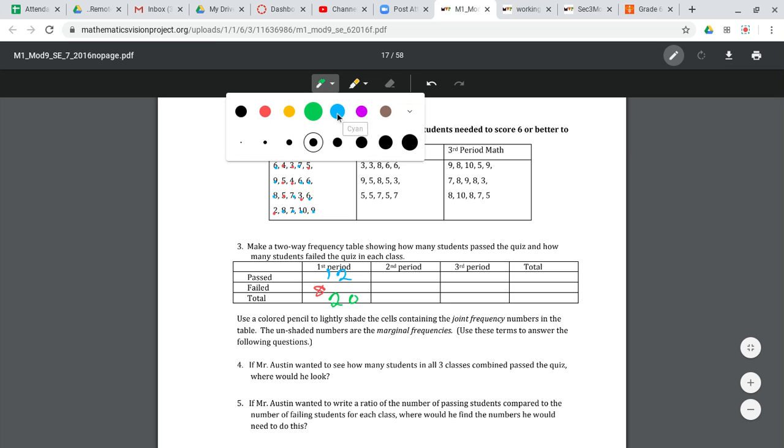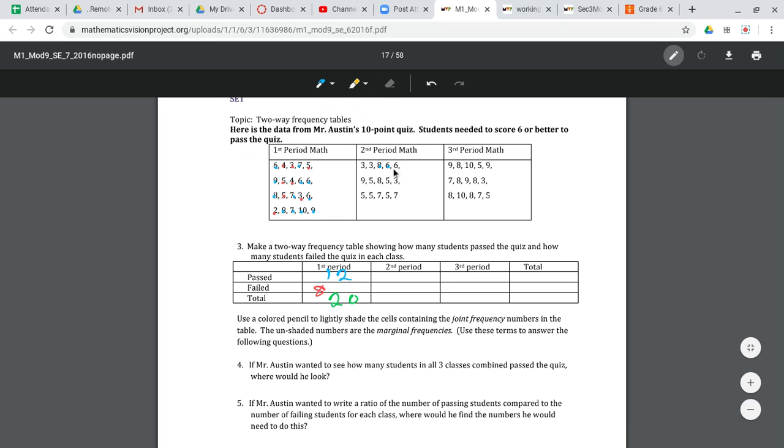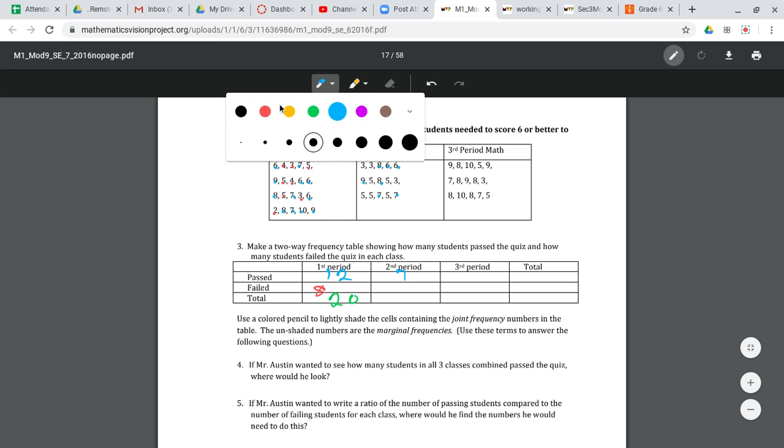All right, for second period now. So go back to our blue for passing. Remember, you have to get a 6 or higher to pass. So we're at 3, 4, 5, 6, 7. So we have 7 that passed in second period.